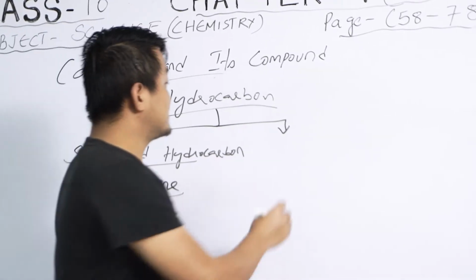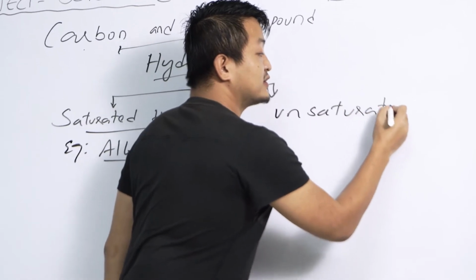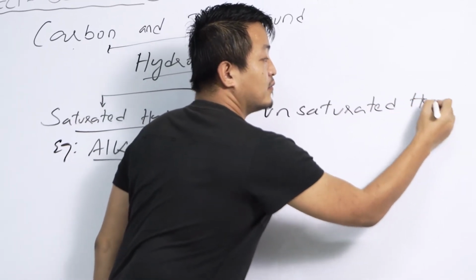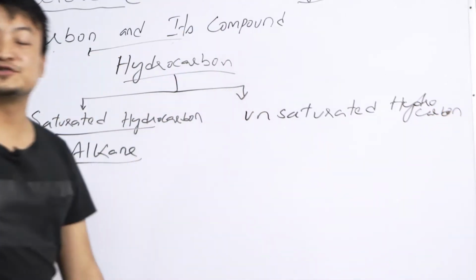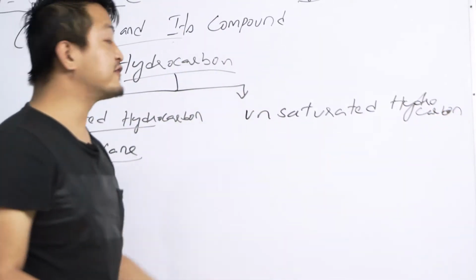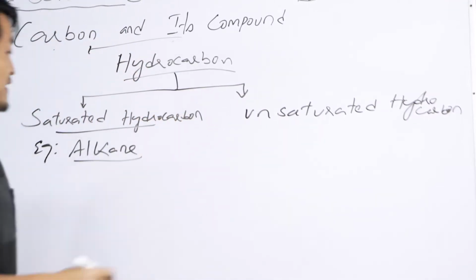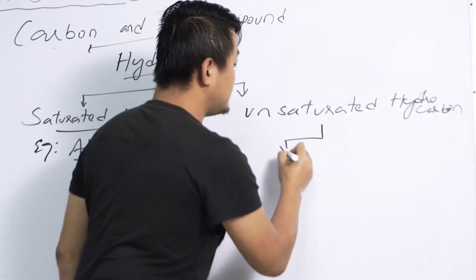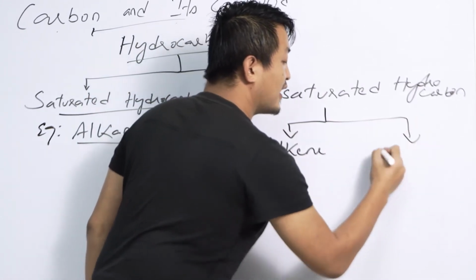So today we'll discuss unsaturated hydrocarbon, and like I have said, we have two types of unsaturated hydrocarbon, that is alkene and alkyne.